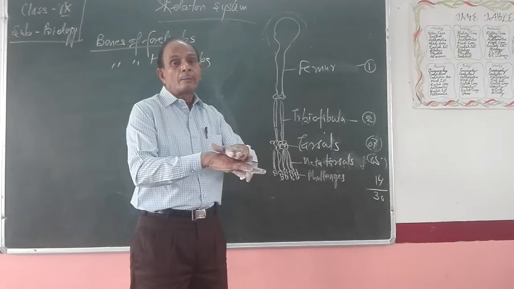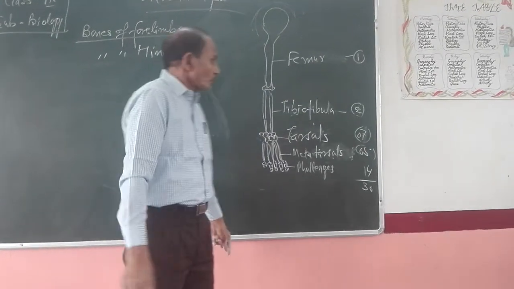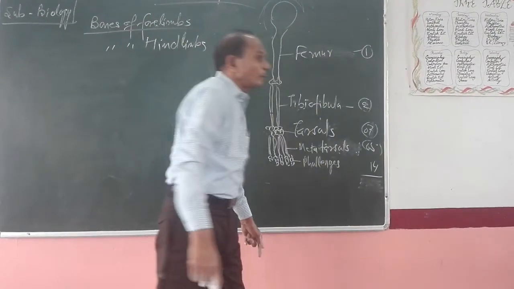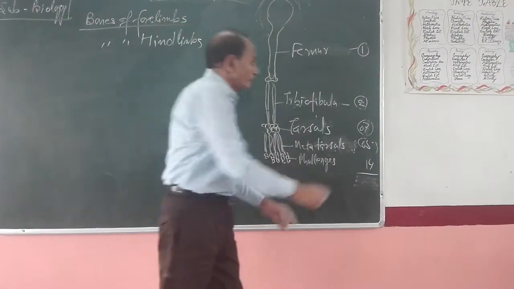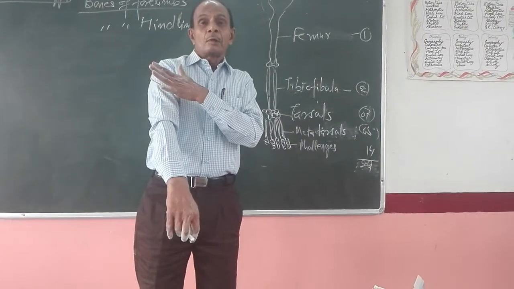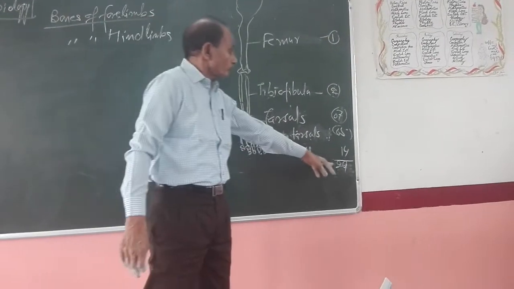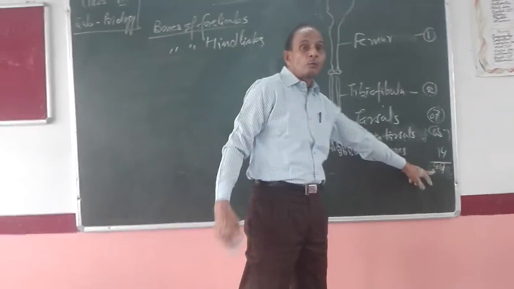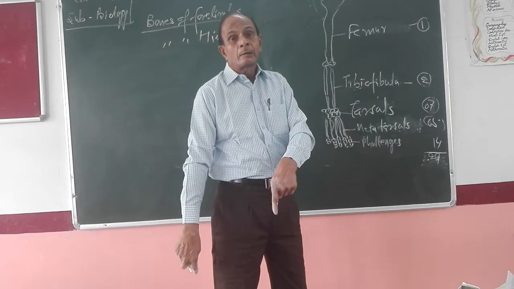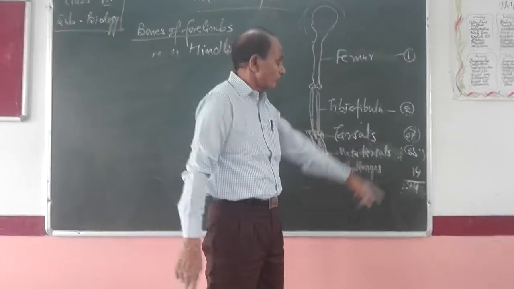Phalanges is the common word in both forelimb and hind limb. If you count the total number of bones in the hind limb, it will become 29. In the forelimb there are a total of 30 bones, but in the hind limb there are 29. Where is the difference? In the wrist and in the ankle region: in the wrist 8 bones, in the ankle only 7 bones.